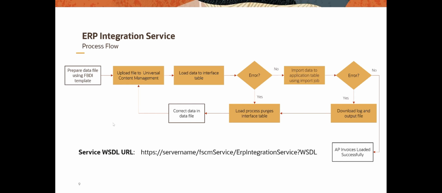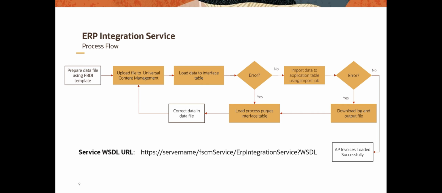This slide outlines the end-to-end integration flow for importing AP invoices using Oracle ERP Integration Service. So what exactly is ERP Integration Service? This is a SOAP-based web service provided by Oracle ERP Cloud that allows external systems to submit data import requests programmatically without manual intervention.